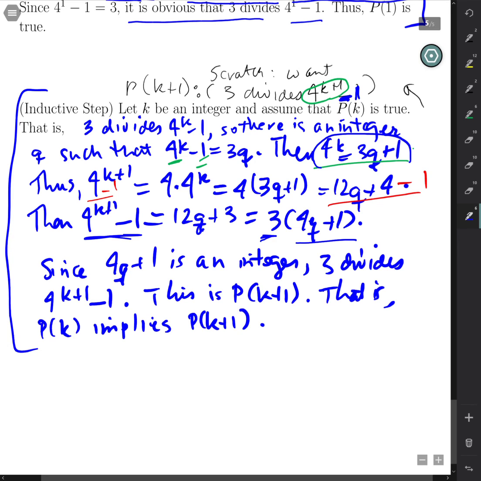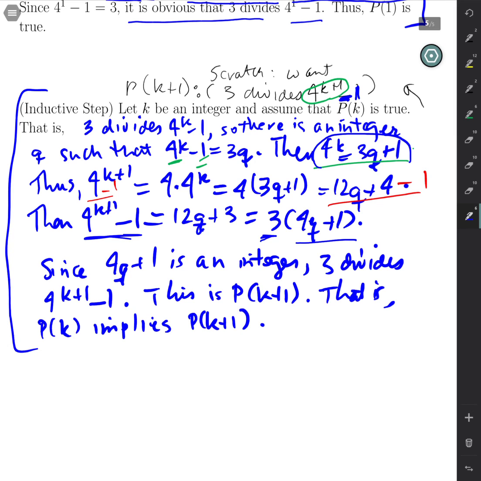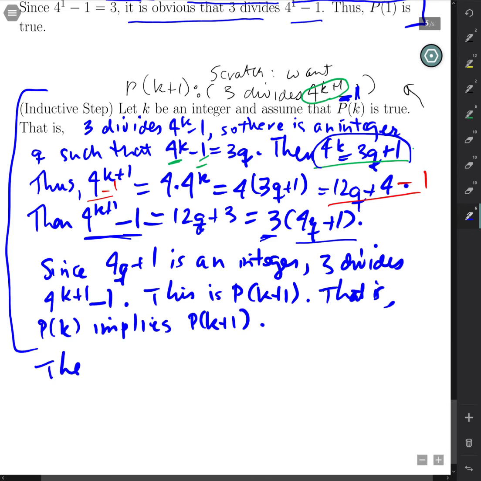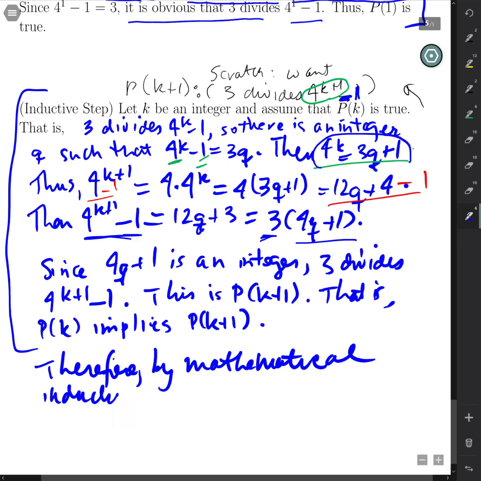And now we can conclude overall by saying, therefore, by mathematical induction, 3 divides 4 to the n minus 1 for which integers?